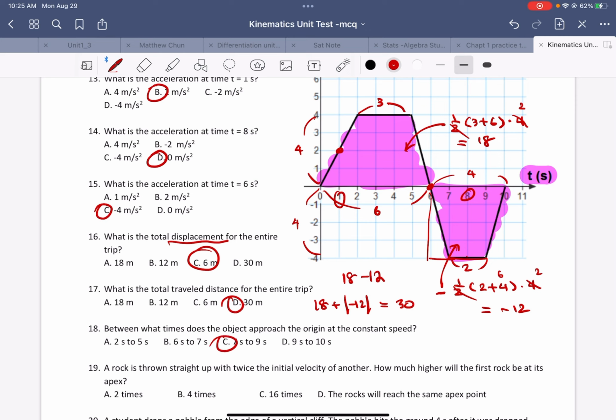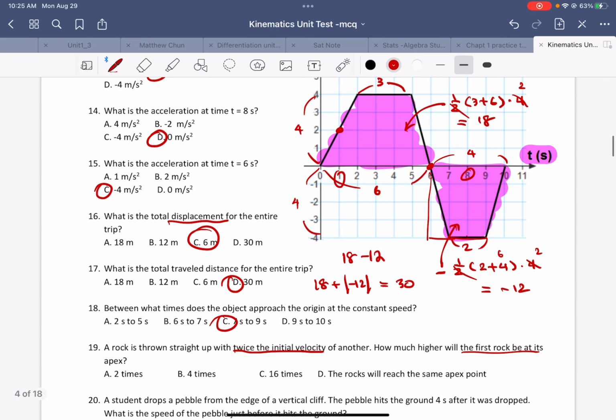Number 19, a rock is thrown straight up with twice the initial velocity of another. How much higher will the first rock go at the apex? So what happens if your initial velocity is twice? Think about the formula first.